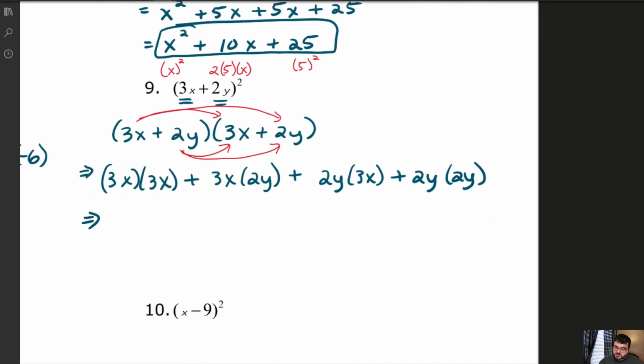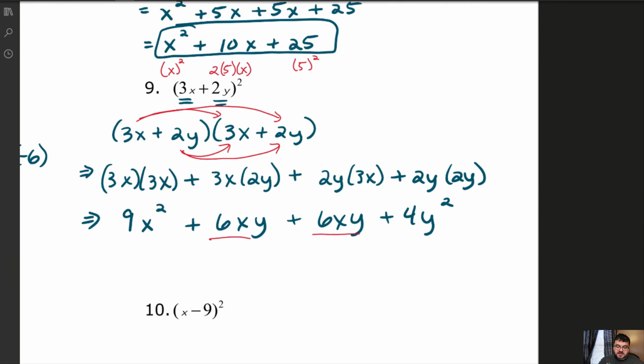Okay, now we just want to clean up each one. This will be 9x to the second, 6xy, 2 times 3 is 6xy again. So you're always going to see these repeat. I usually, with the variables, write them in alphabetical order. So you could do y times x, but that's the same as x times y. And then plus 4y squared. The only thing we really need to clean up here is these middle terms.